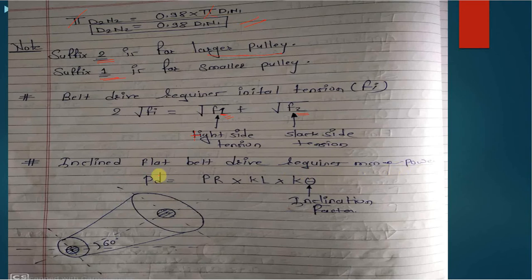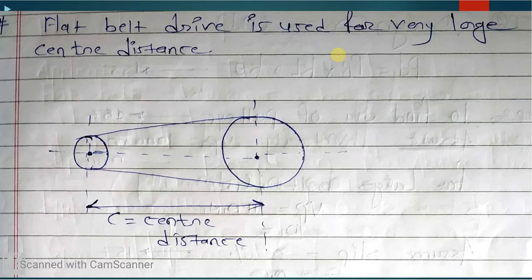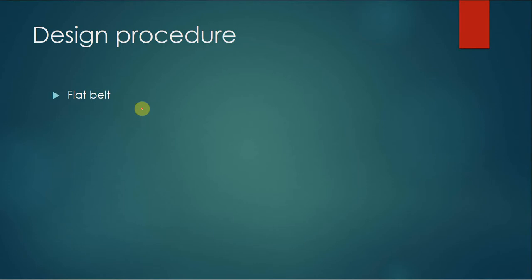This is the design power equal to PR multiplied by KL multiplied by K theta. K theta is the inclination factor. Flat belt drive is used for very large center distance. Here C is the center distance of the driver pulley and driven pulley.